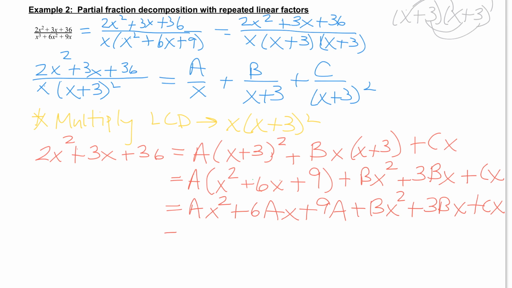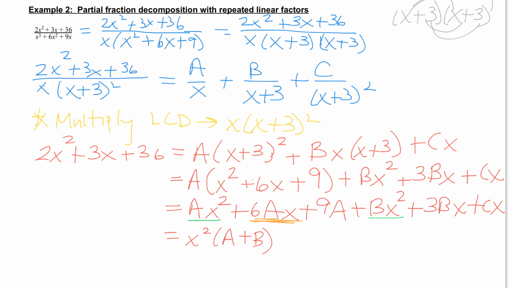Now I want to go ahead and group together the x squareds and the x's. As I group those together, I'm also going to factor that x squared out if that's okay. So if I take a look, here's an x squared term, and here's an x squared term. So I'm going to take that x squared out, and it's multiplied by a plus b. Then I'm going to go ahead and find my x terms.